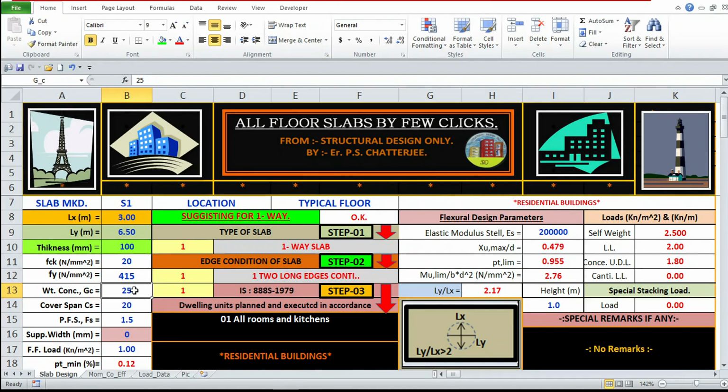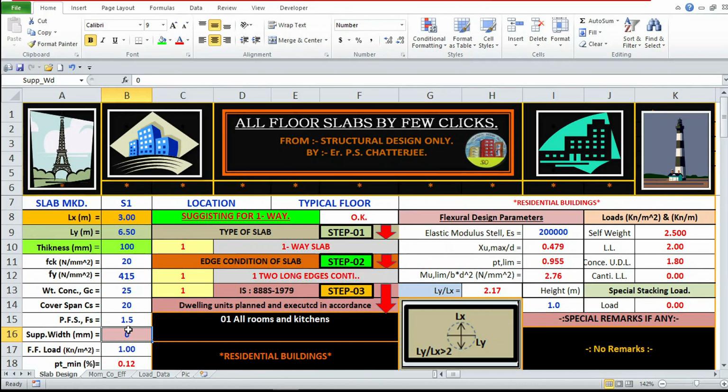Weight of concrete we know is 25 kilonewton per meter cube. Cover 20. Partial factor of safety 1.5. Support width: if you consider the slab center to center distance, then two beams, say 250 width each side.